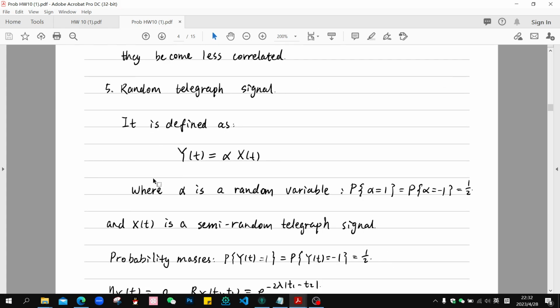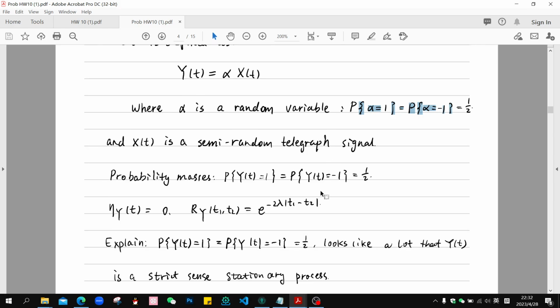The fifth one is the random telegraph signal. It is defined as y(t) to be alpha times x(t), where alpha is a random variable with probability masses of taking both 1 and -1 to be 1/2, and x(t) is a semi-random telegraph signal.